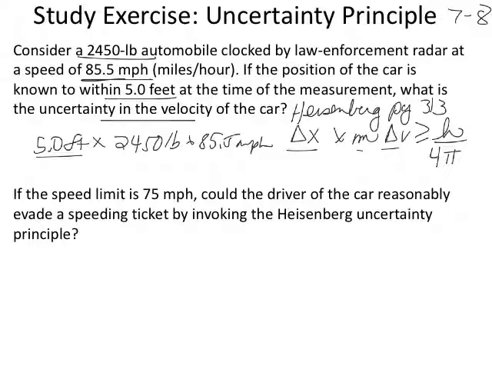So if you solve for delta v, you can get delta v is greater than 5.27 times 10 to the negative 35 joules per second.